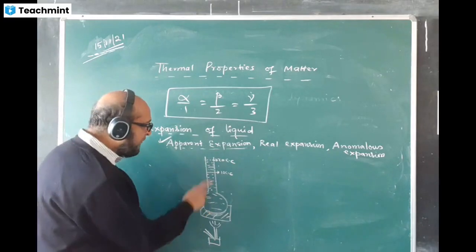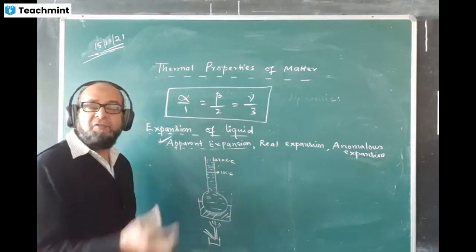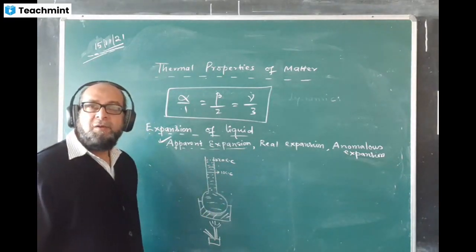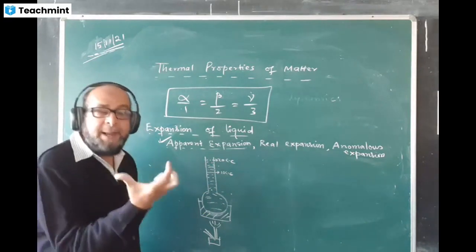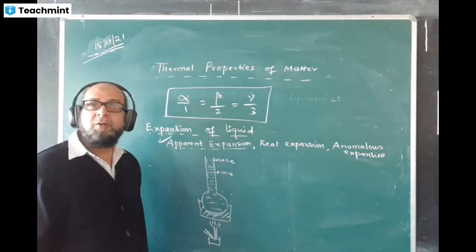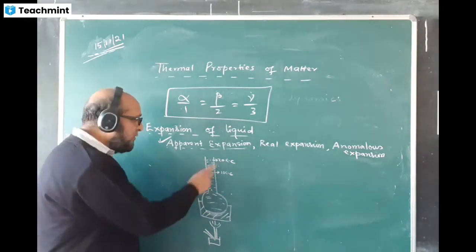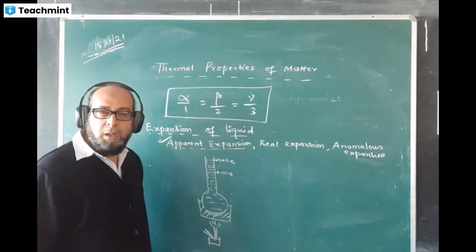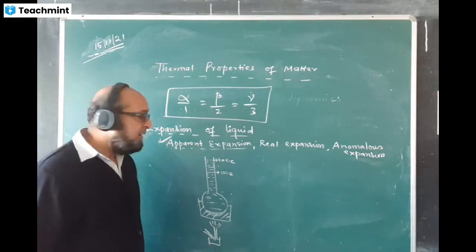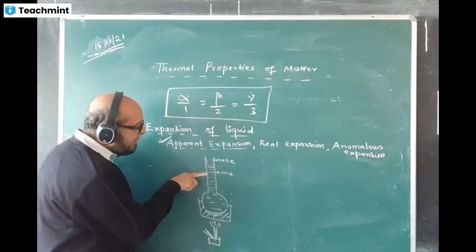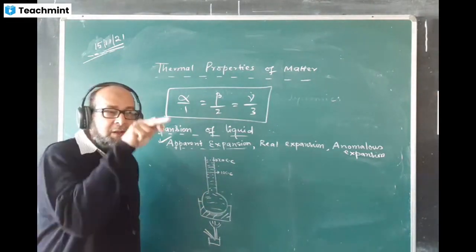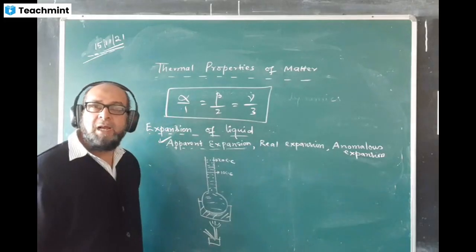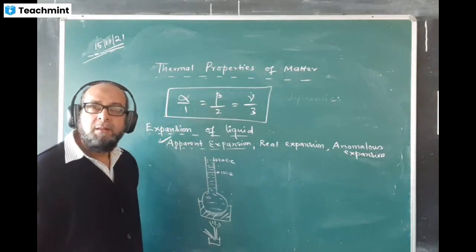Once you supply heat, first the container itself will expand. Will it expand or not? The container is made up of solid, and solid also will expand. When the solid expands, what will happen to the water level at first? It will fall down. Am I right or wrong?